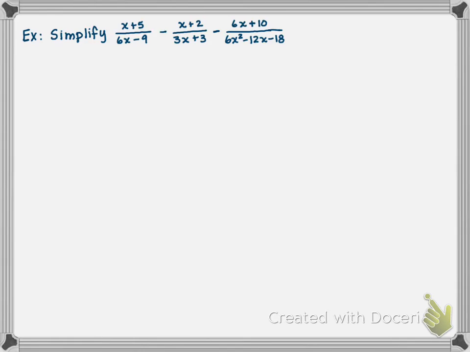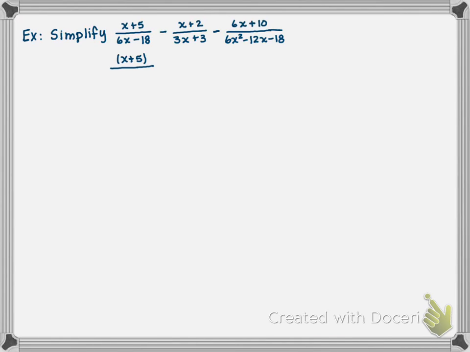Okay, we're going to start by factoring just our denominators. So we have x plus 5 over, shoot, I miscopied this, I'm sorry. This is 18.